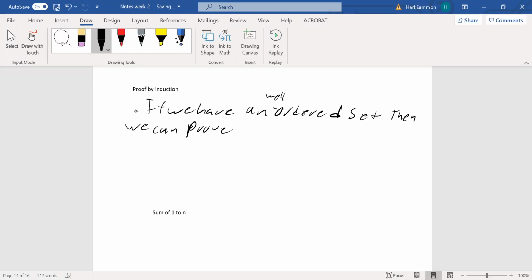But in practice, it just means that there is a discrete next element.